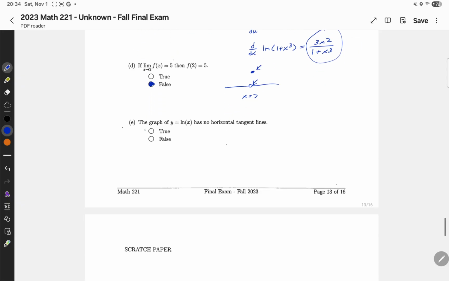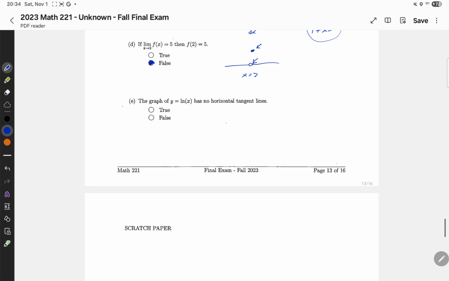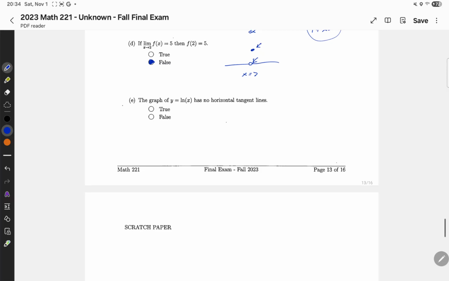All right, lastly, the graph of y equals ln x has no horizontal tangent lines. Just recall, a horizontal tangent line is when the derivative is equal to 0. So if we have y equals ln x, we also have dy/dx is equal to 1 over x.